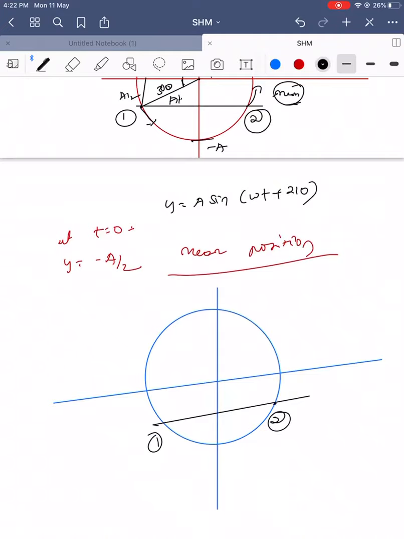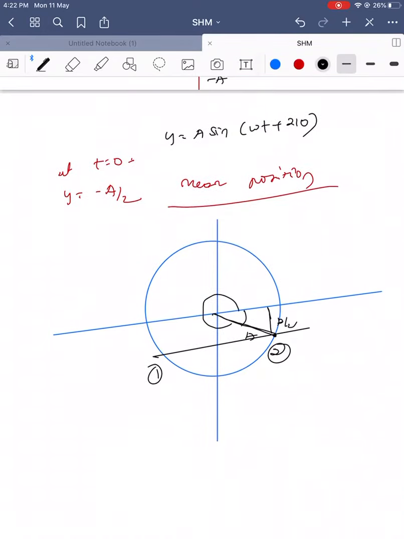Which one is 2? And what is the angle? From here, 180, so a and a by 2. So 360 minus 30, y is equal to a sin omega t plus 330. We can write even in minus terms also, but we can write that.